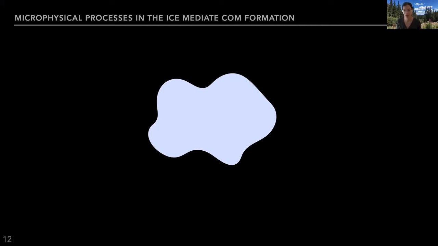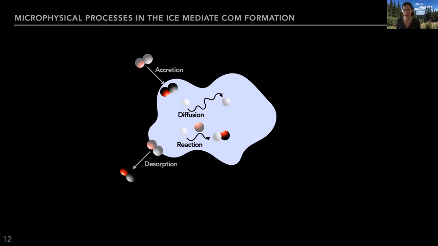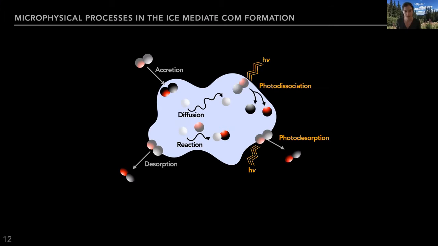Like I said earlier, we think that the chemistry leading to the production of organic molecules is happening in the ice phase. And there are different microphysical processes in the ice that are regulating the production of organics. Processes like accretion and desorption set the composition of your ice. Within the ice, you can have processes like diffusion and reaction that lead to the production of new molecules.